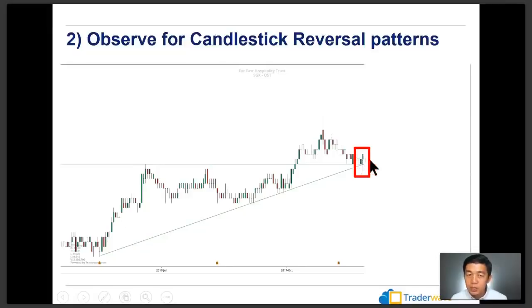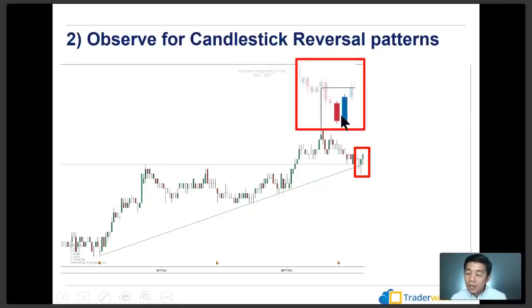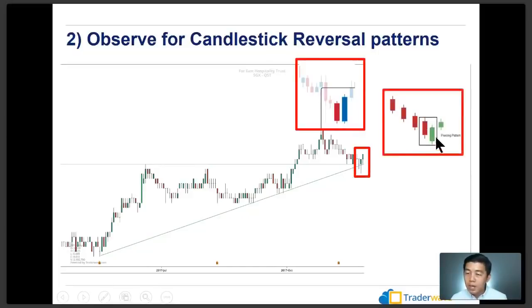All right, so we want to observe for bullish reversal candlestick patterns in a major uptrend. All right, so if this is not a pin bar, it could also potentially be a bullish engulfing pattern happening over here. Otherwise, it could also be a piercing line bullish reversal pattern happening over here.